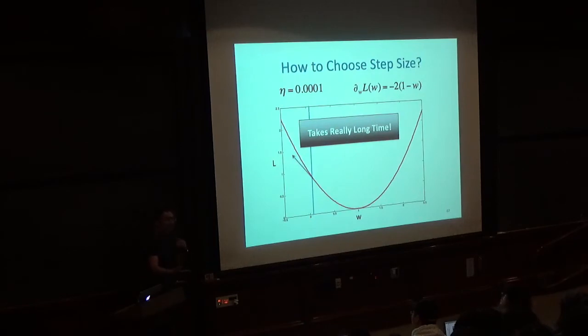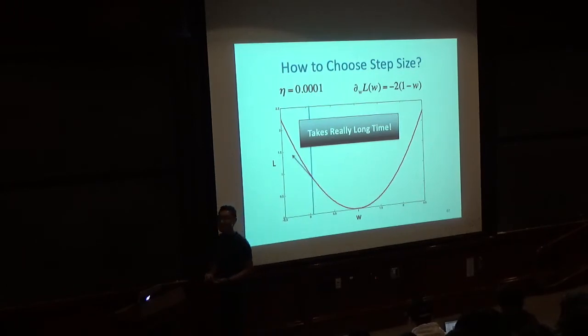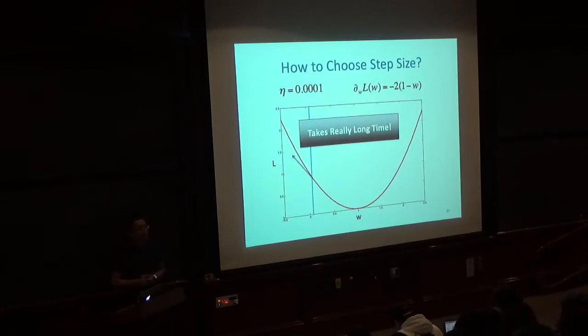As you step further and further away from the original point where you made the approximation, the approximation gets worse and worse. So that's essentially what's happening. So you want to make aggressive updates, but if you make too aggressive an update, you don't actually know if you're improving on the original loss function because you are relying on your locally linear approximation at the original point, w_t.